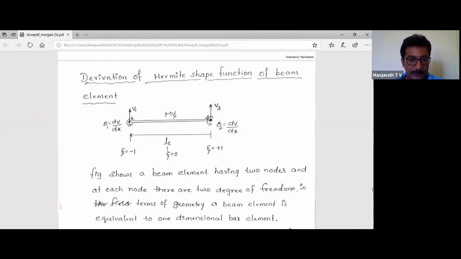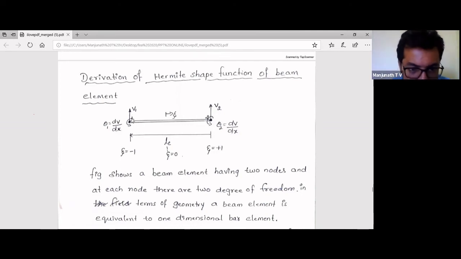But here, as the vertical displacement takes place, we need to predict the value of the vertical displacement with respect to slope, so there will be one more degree of freedom, that is theta 1.